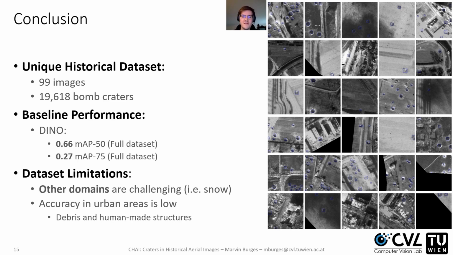However, we also showed that the mean average precision with the intersection over union of 75 is not high enough for deployment. And we also showed you some dataset limitations. The dominant one is that other domains are very challenging, like snow, and also that the accuracy in urban areas drops strongly, and debris and human-made structures are also very challenging.